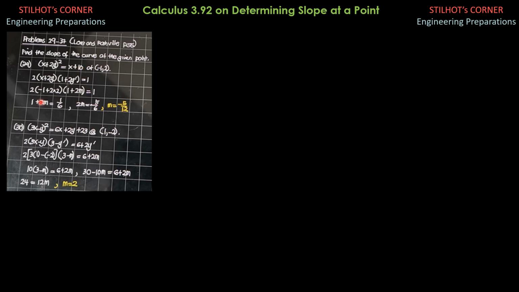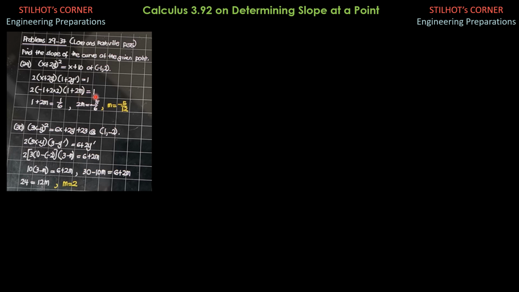Substituting values, we have 2(-1 + 2·2)(1 + 2y'). I replace y' by m, the slope of the tangent to the curve, equals 1.